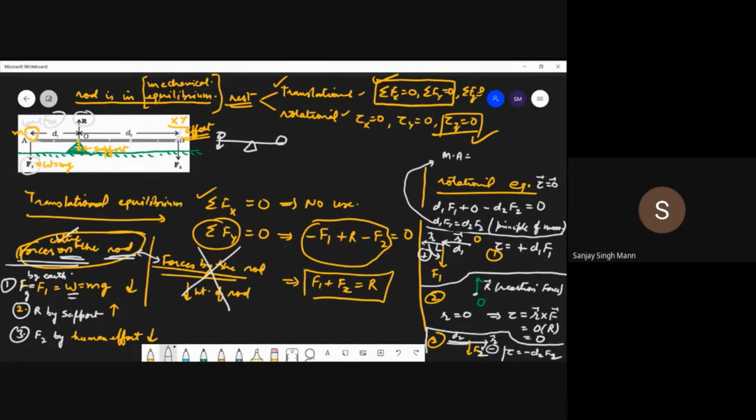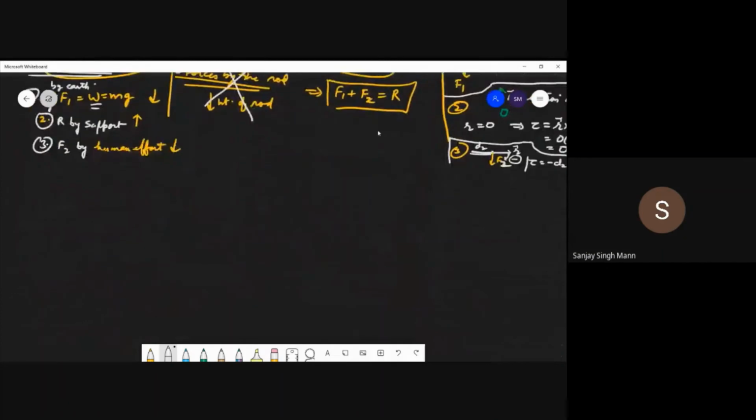What is mechanical advantage? That is F1 upon F2 equals D1 upon D2. So F1, bring F2 this side and take D1 that side. So that is D2 by D1. Okay? So that's the mechanical advantage and that's the principle of moments. Let us write them again.